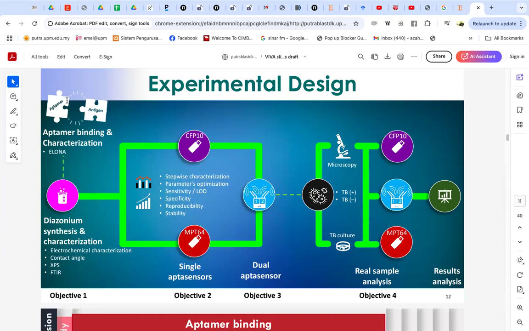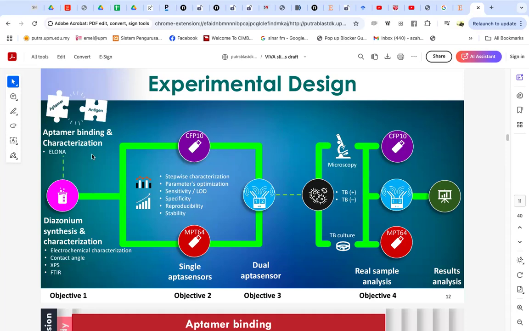And also, since the aptamer is also the bioreceptor, we need to test the binding capacity with the biomarkers, which are CFP10 and MPT64.